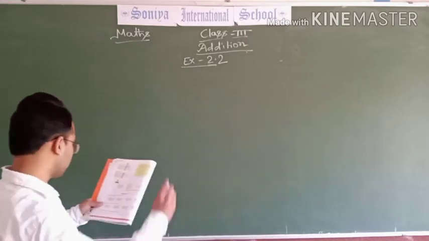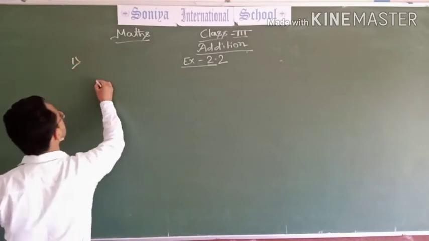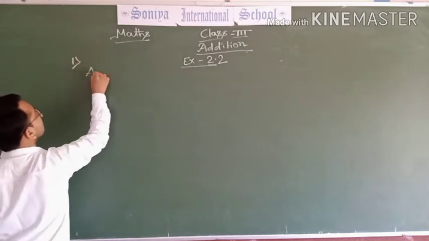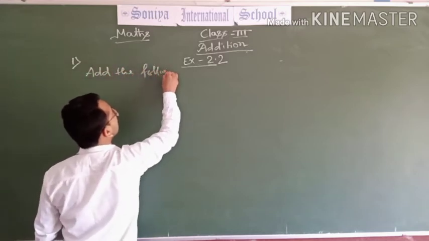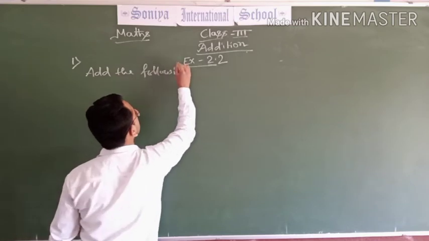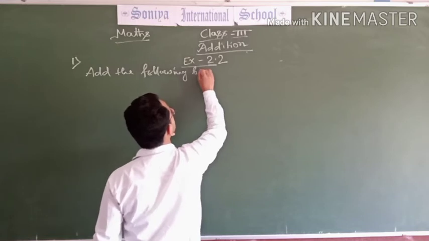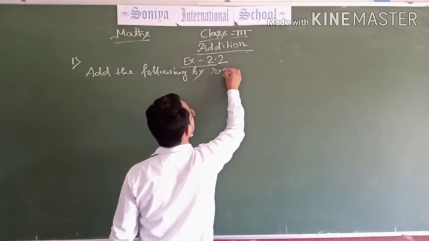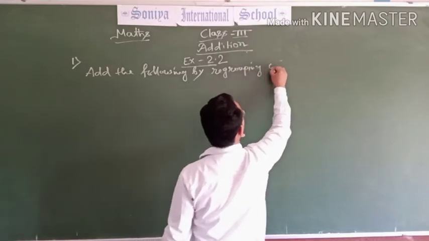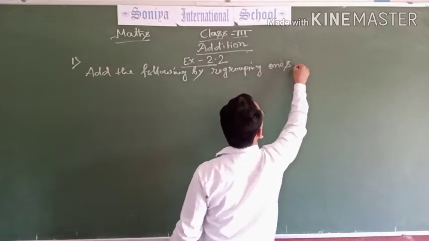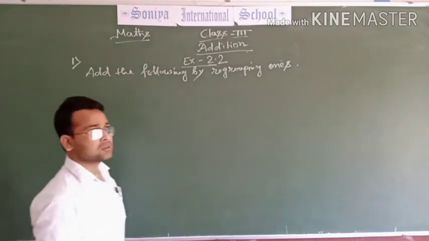Exercise 2.2: add the following by regrouping ones.